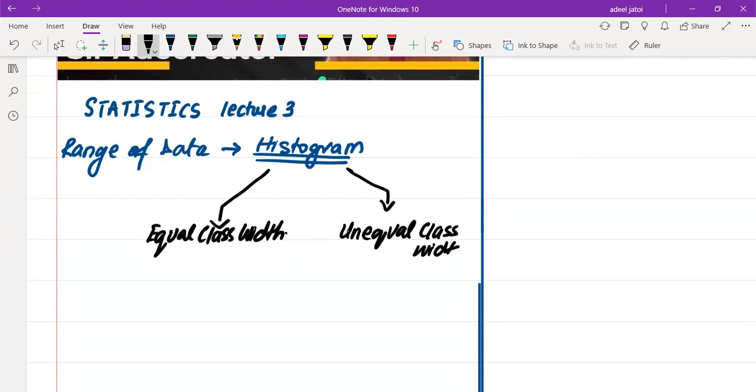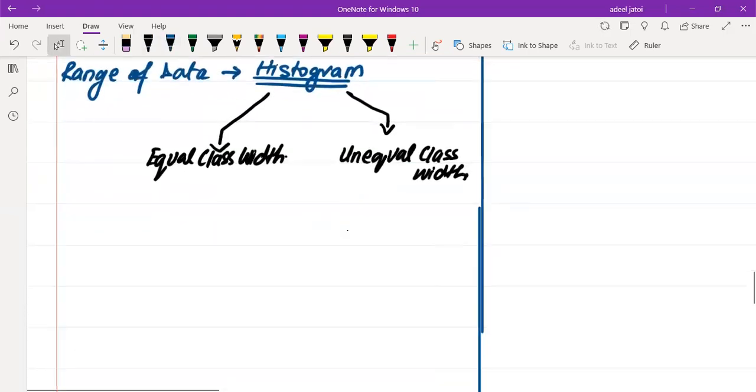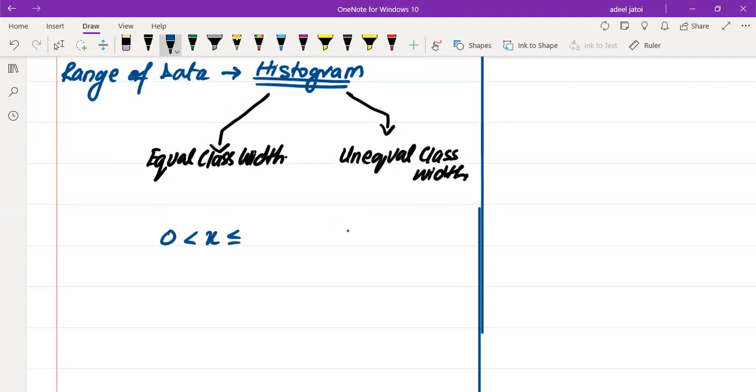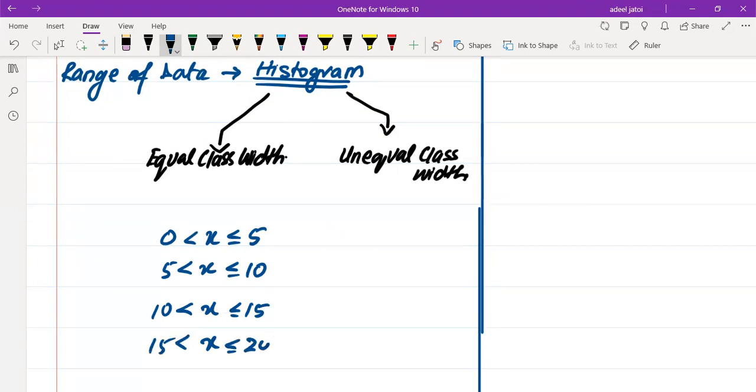Equal class width means, for suppose, if x is greater than 0, less than or equal to 5, x is greater than 5, less than or equal to 10, x is greater than 10, less than or equal to 15, x is greater than 15 and less than or equal to 20.